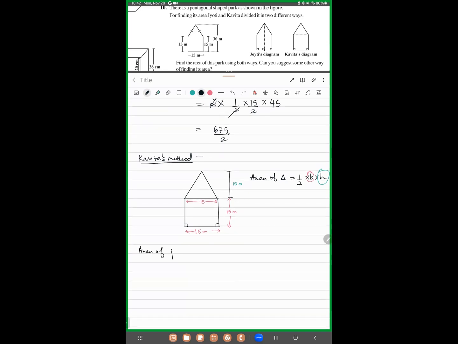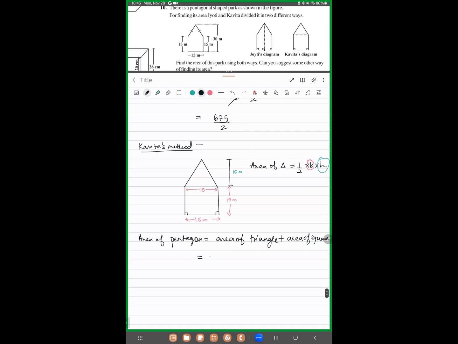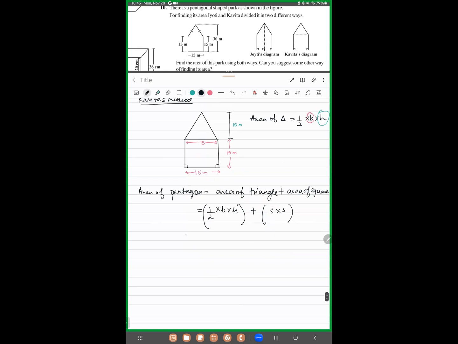Area of pentagon is equal to area of triangle plus area of square. Area of triangle is half into base into height, and area of square is side into side, or you can say a square, however you want to write it. This is half into base 15, height 15, plus side 15 and side 15.